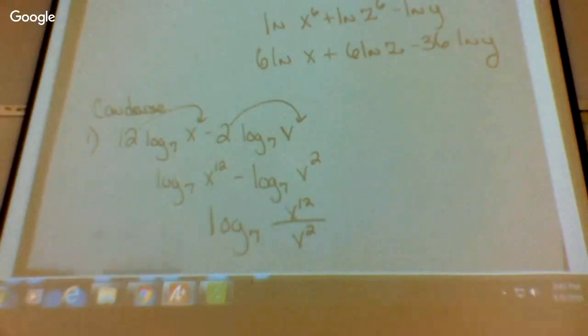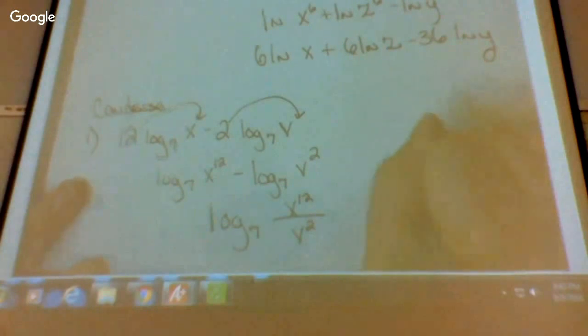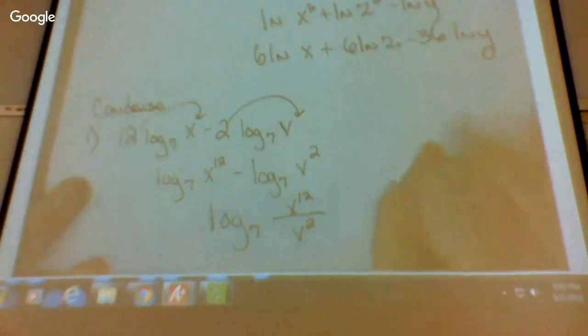Can we do an extra step, like log 7 x to the 12 over log 7 v squared, and then separate it after that? Meaning log base 7 of x to the 12 divided by log base 7 of v squared?